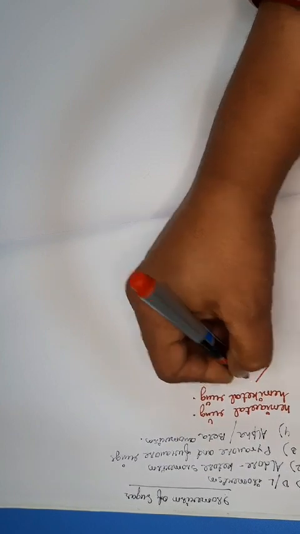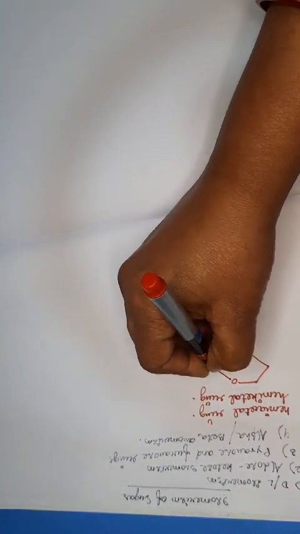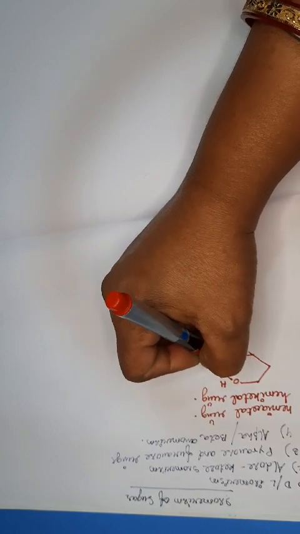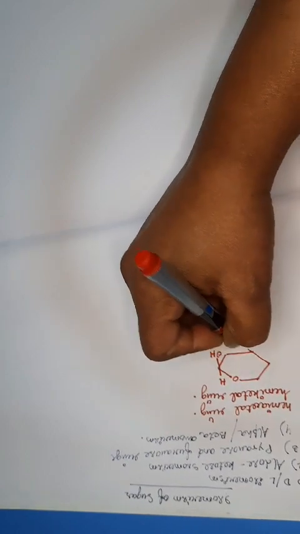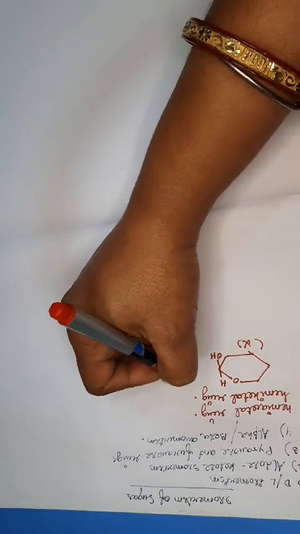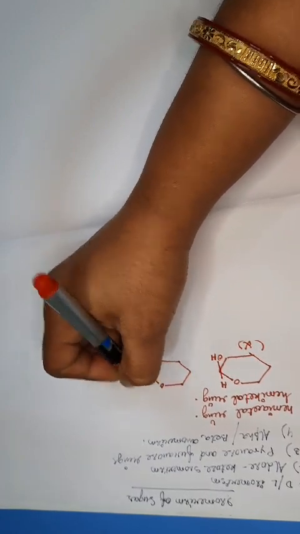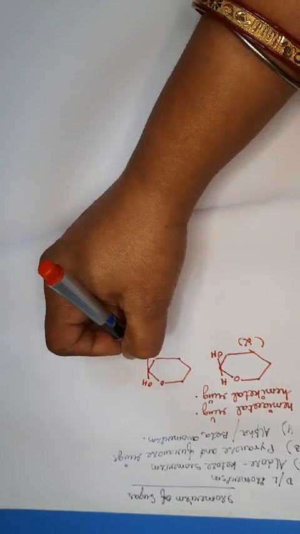So here if I draw this particular ring, and at carbon atom number 1, if this is the orientation, then it is my alpha form, the rest of the positions remaining the same. And if this is the orientation, then it is the beta anomeric form. I hope I have made this clear.